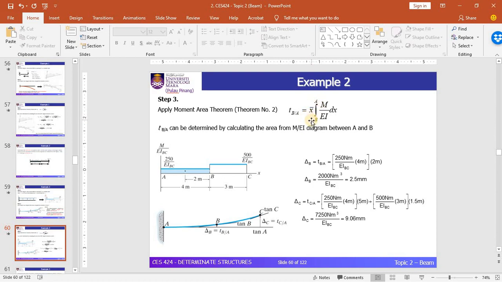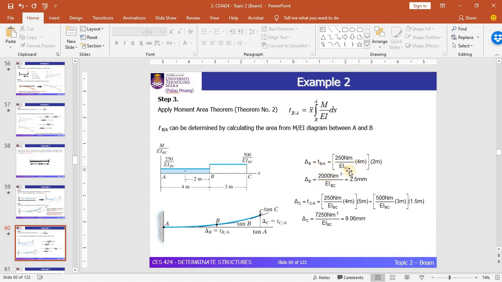This X bar can be obtained by looking at the first alphabet, as I defined in the first lecture. For the displacement at point B, which is TBA, the first alphabet is B. For displacement at point C, for TCA, the first alphabet is C.